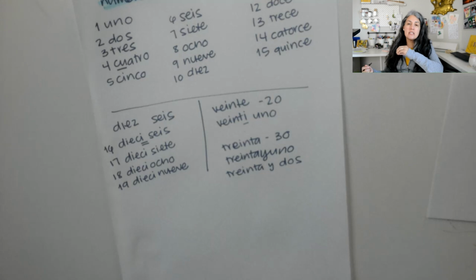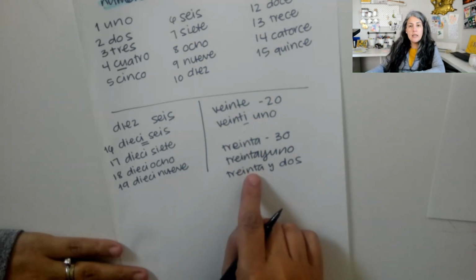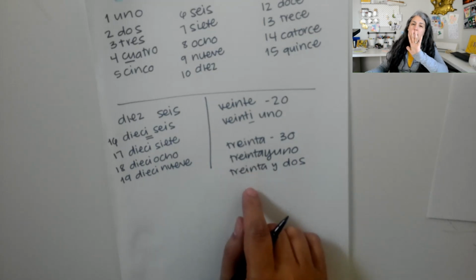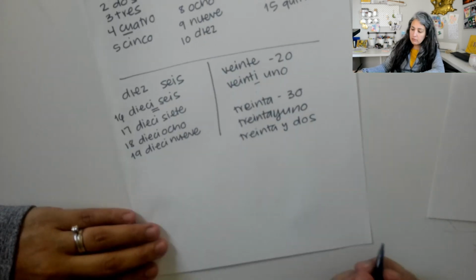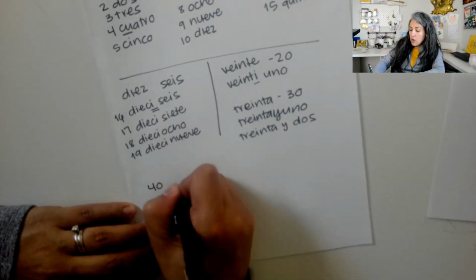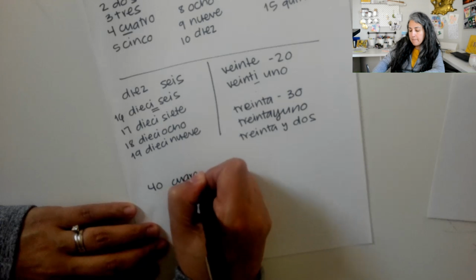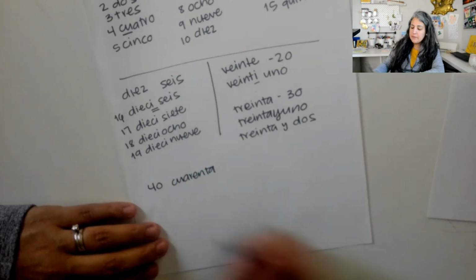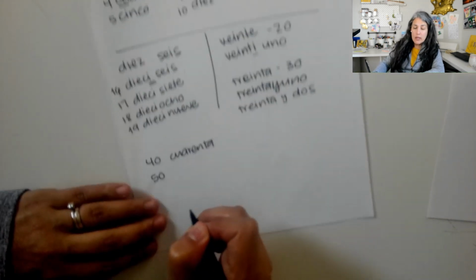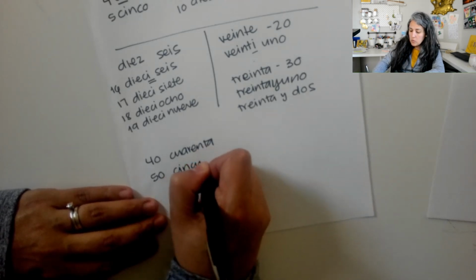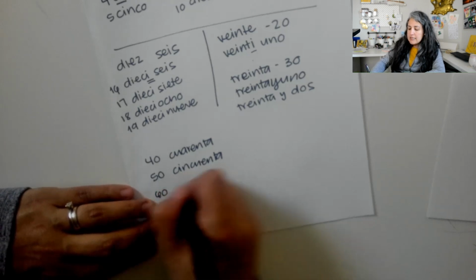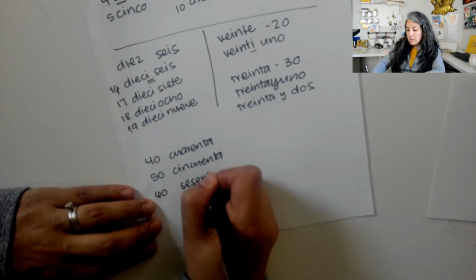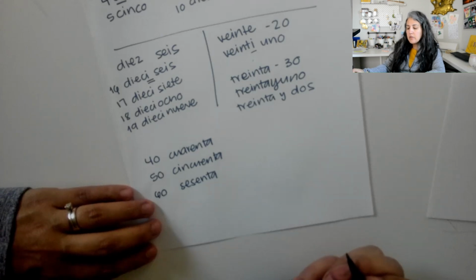And again, we go to the tens. So I'll write down by tens after 30: 40, 50, 60, 70, 80, 90, and we'll go all the way to 100. Let's do it. 40, 50, 60.